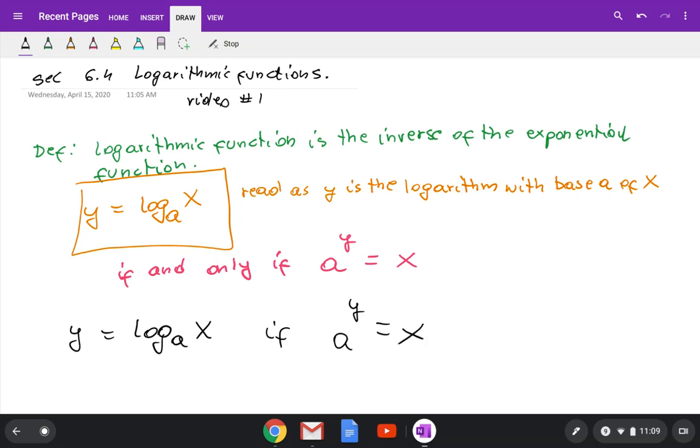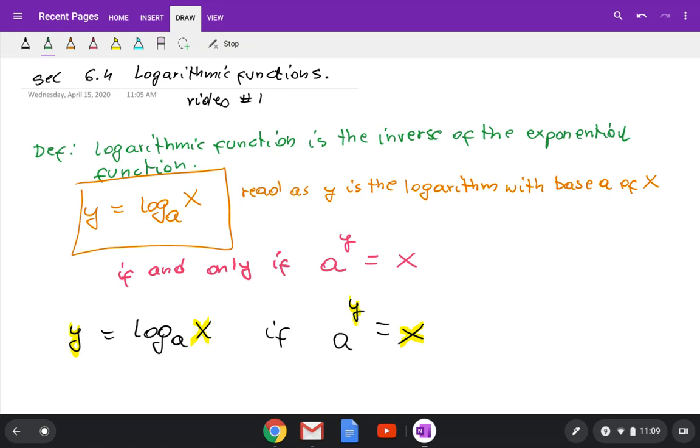Since log and exponential are inverses, those two expressions are equivalent. And for inverses, you already know that x and y switch. So we're going to learn how to change logarithmic function to exponential. Base all the time is going to be base, but if you're switching from log to exponential, next to base you're going to have y, and outside you're going to have x, because they are inverses, and in inverses x and y switch.